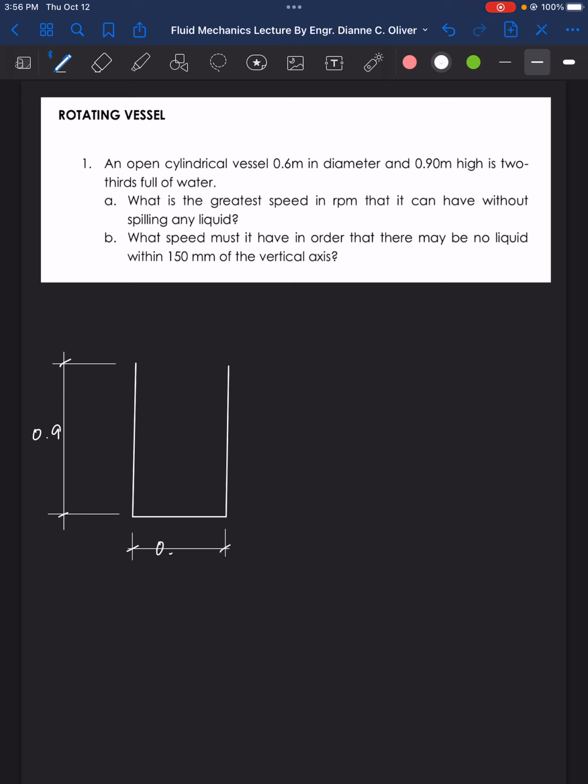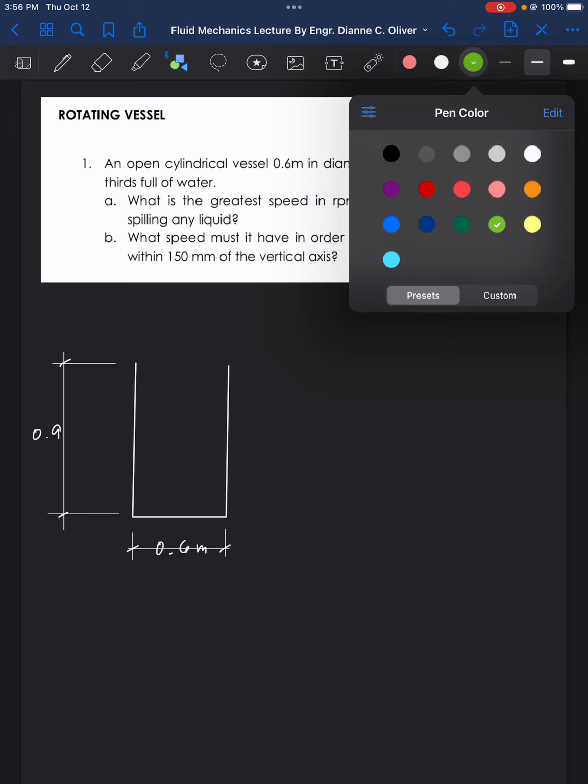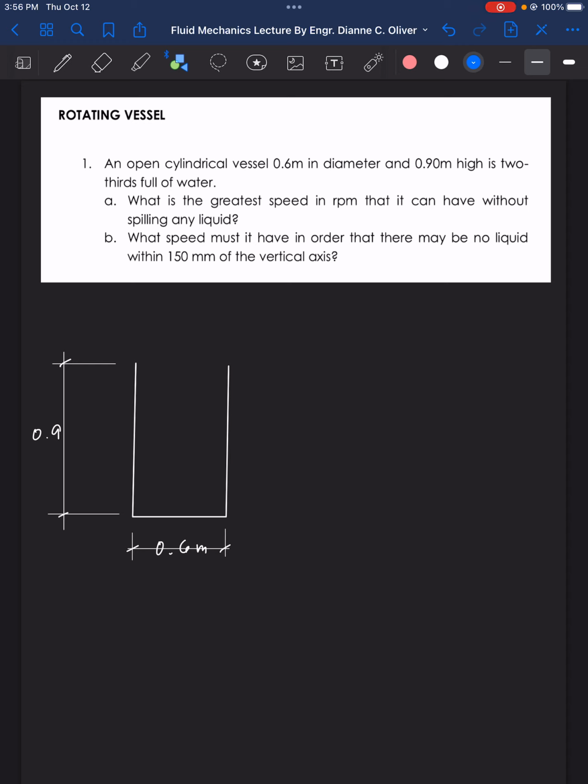This is 0.6 meter. And it is 2/3 full of water. So it contains water up to this level. And that is 2/3.